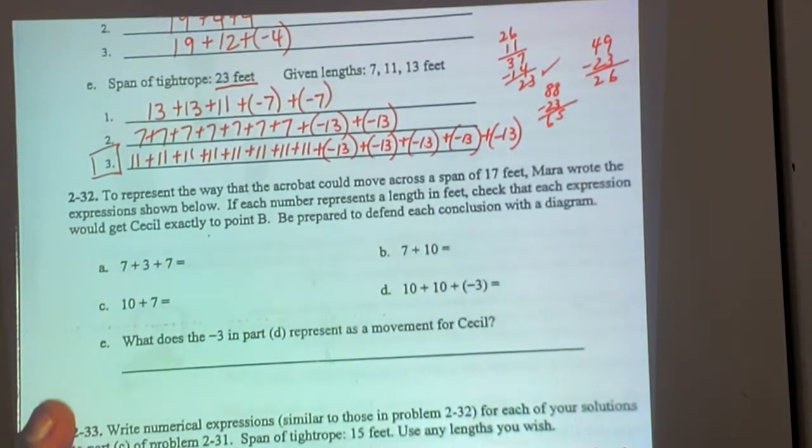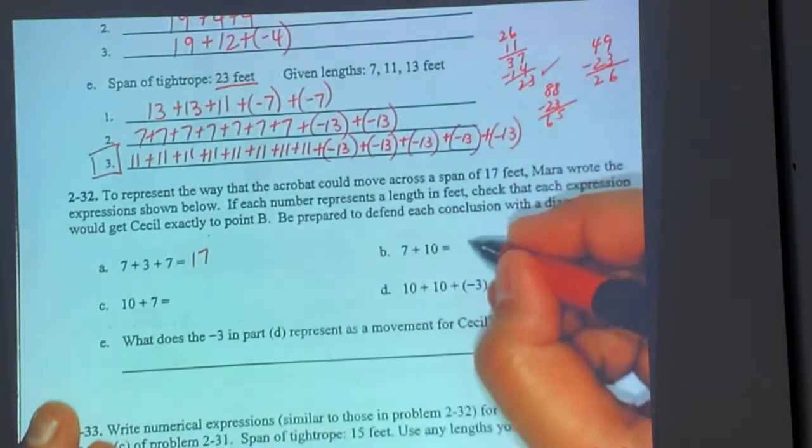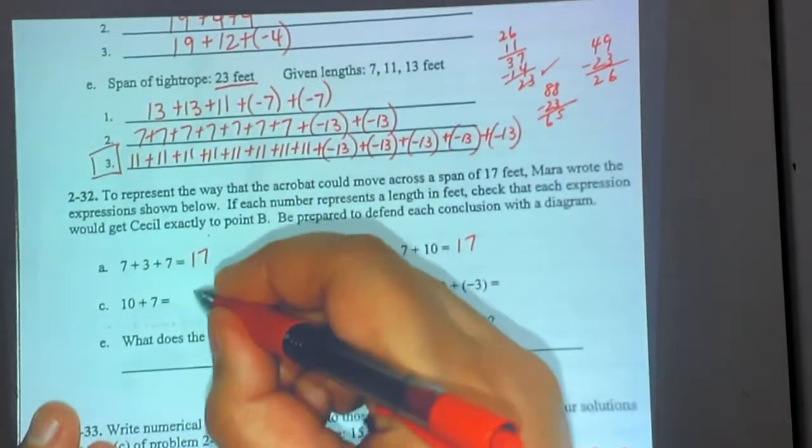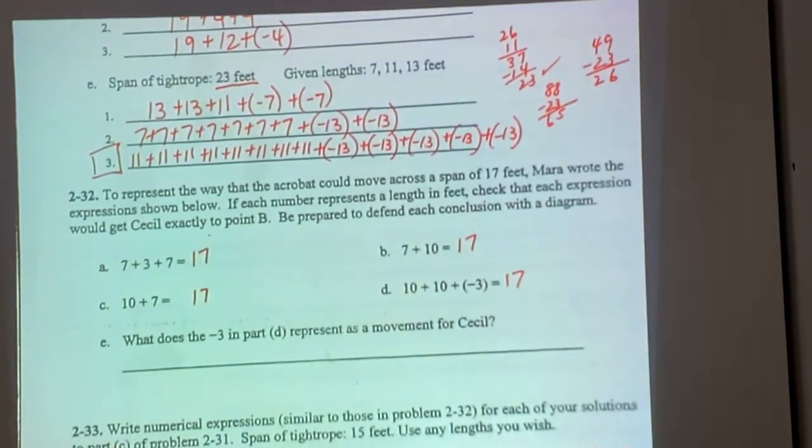If each number represents a length in feet, check that each expression would get Cecil exactly to point B. Okay. So how much is this? 17. How much is this? 17. How much is this? 17. How much is this? 17.